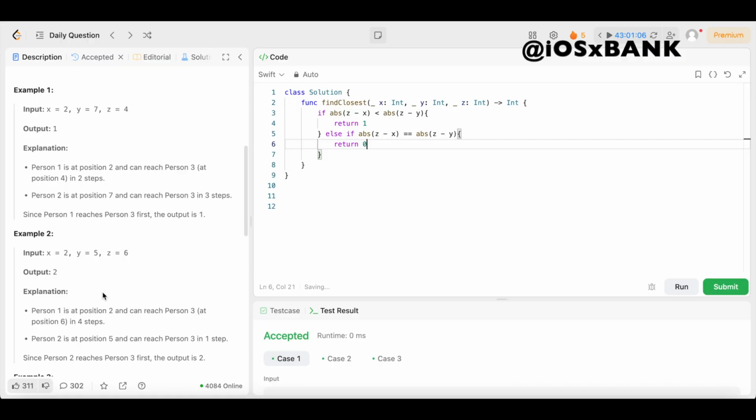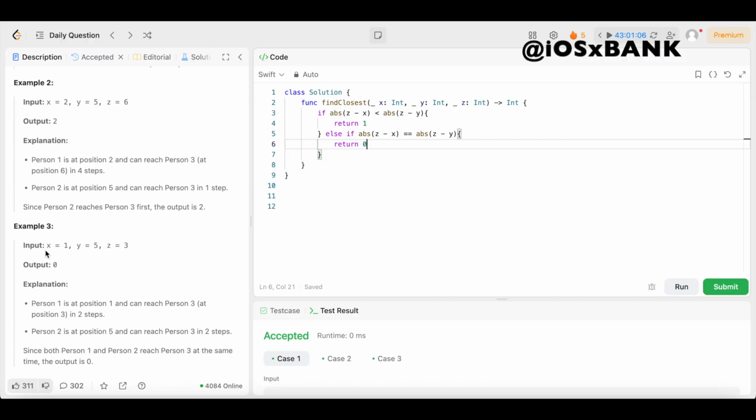Because if they're the same distance away, that means they'll get there at the same time, so we could just return 0. And then else, that just means that they're not equal, and z minus x is not less than z minus y, then we could return 2. And that's all she wrote, y'all.